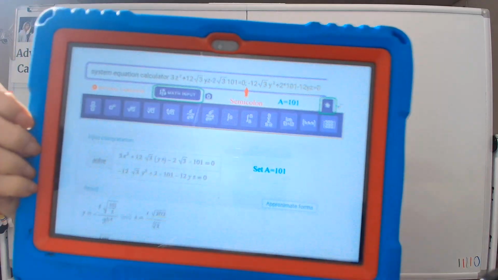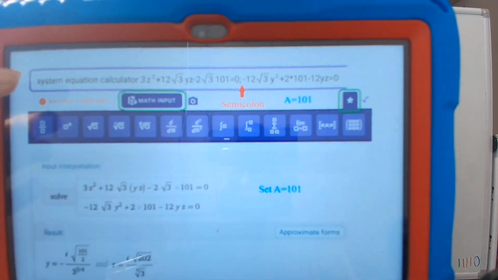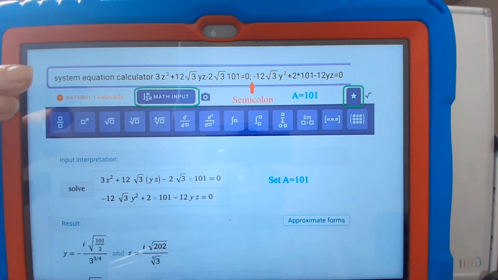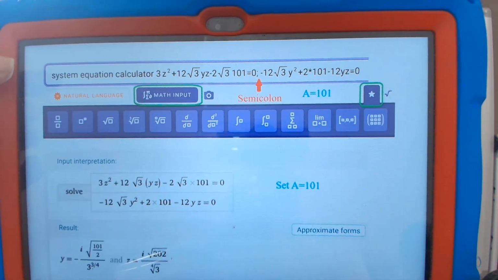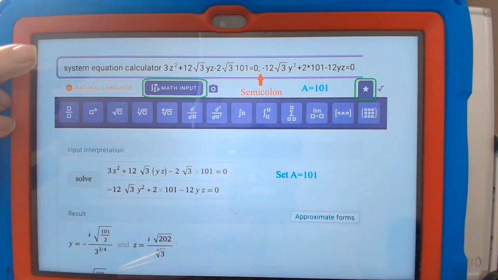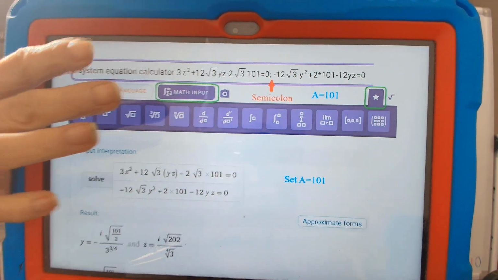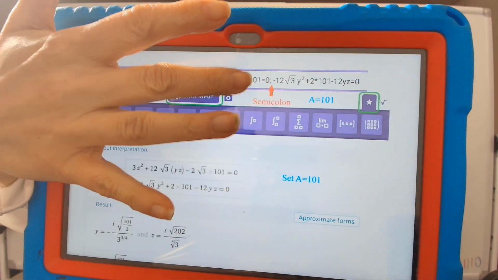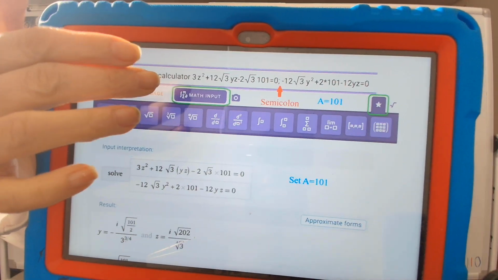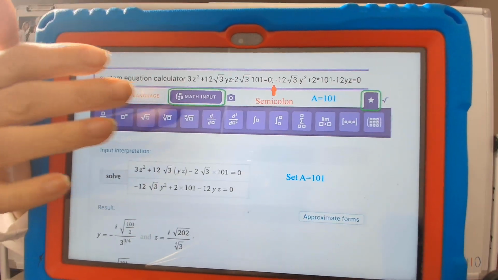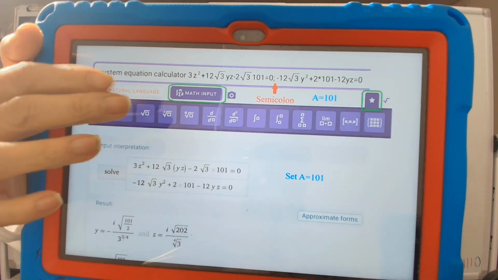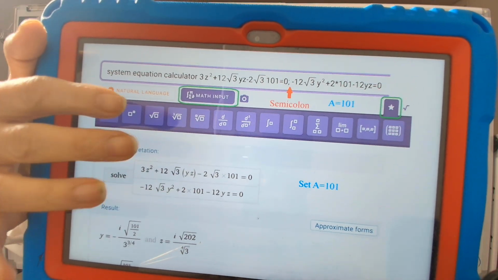I was not about to do some system of equations that has a radical in there. So I typed both equations in here, and remember to separate them with a semicolon. I wrote it down here. And in this equation, I set a equal to 101 because when I put a as 100, then it got, I don't know, factored out or something.